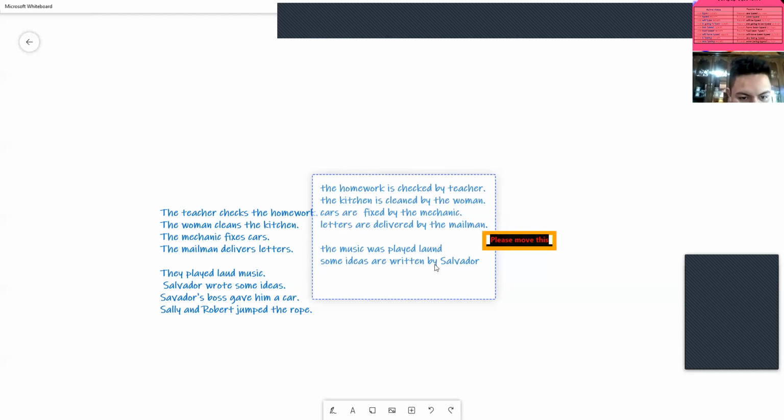Sería primero a car. ¿No? ¿Qué es lo que tienes? Ok. A car.